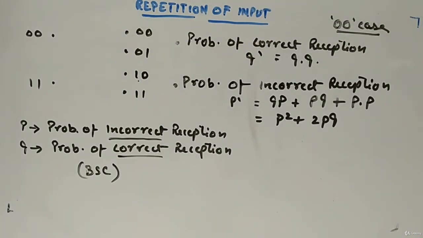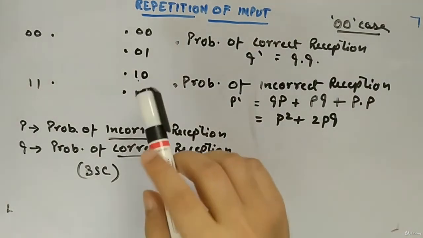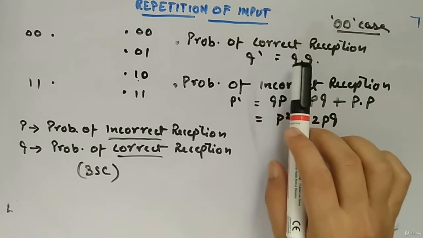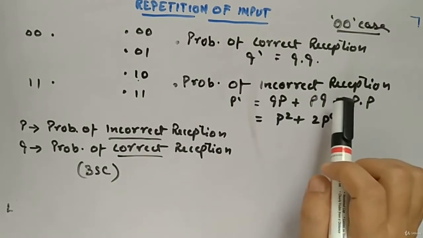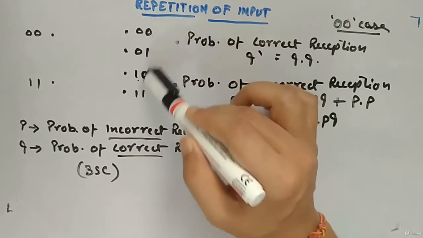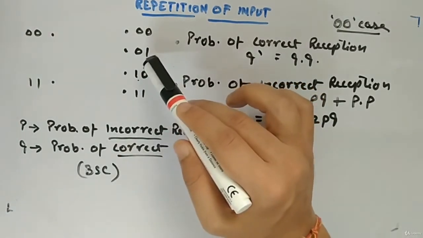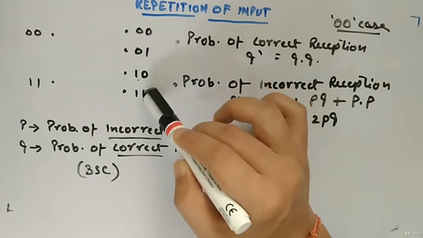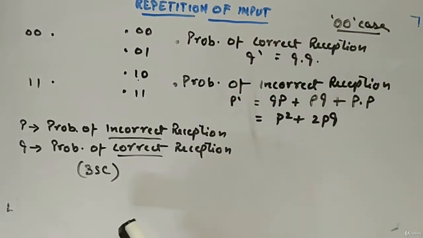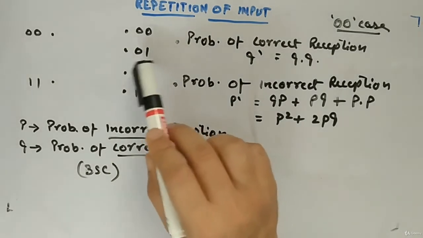That's why Q into Q. Now, if we go for the probability of incorrect reception, all these three will give you incorrect reception, either this, this or this. That's why plus is there, and multiplication because of these two bits.